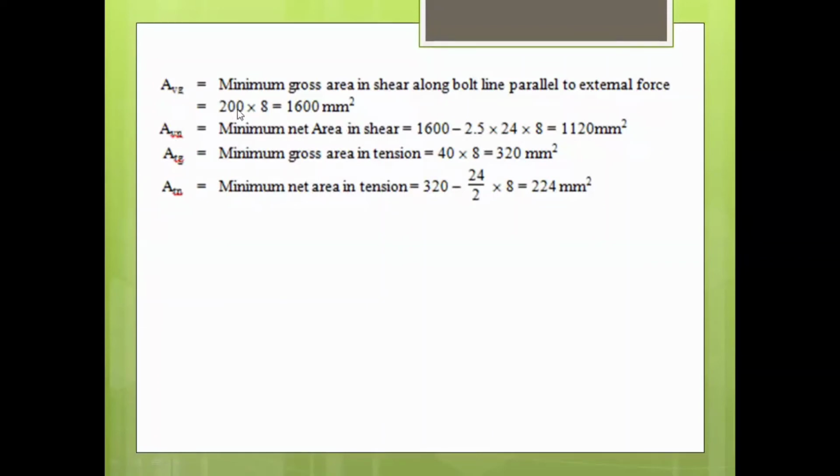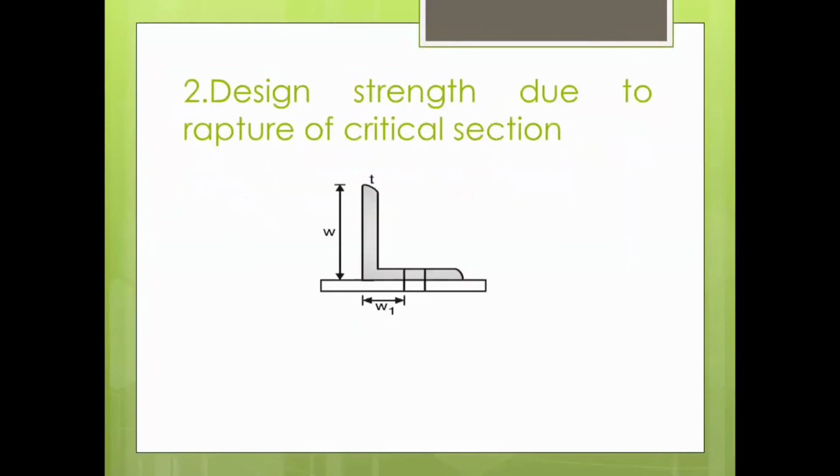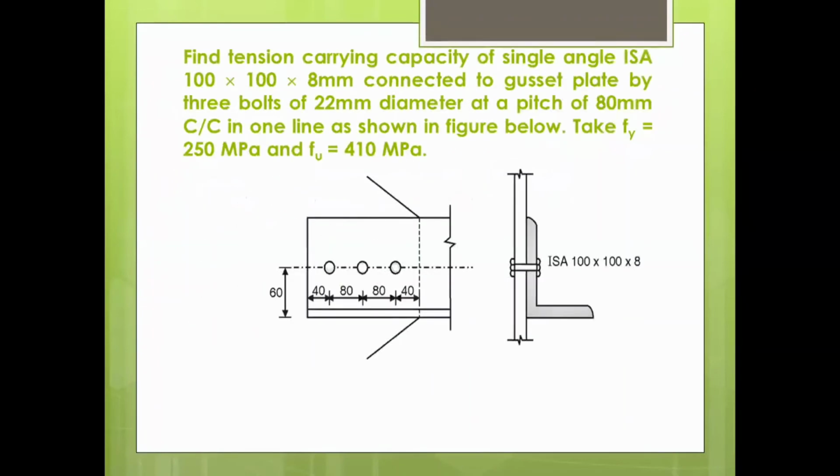Now how has the gross area been calculated? Let us go to the diagram. Here, how much is this total length? 80 plus 80, 160, plus this 40. So this becomes 200 from here. You need not consider beyond this.